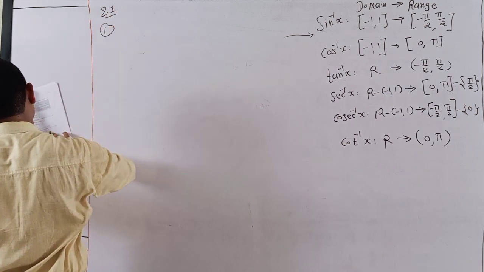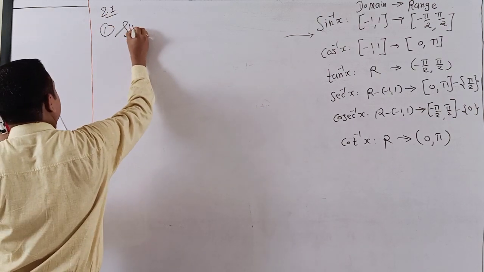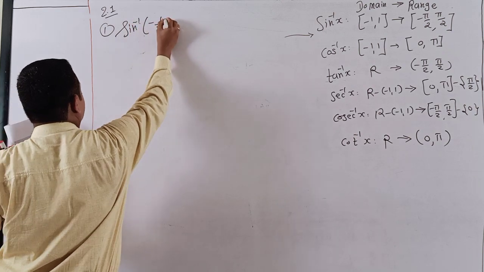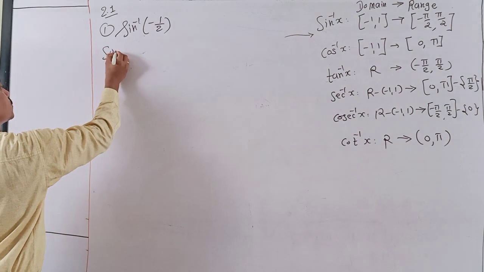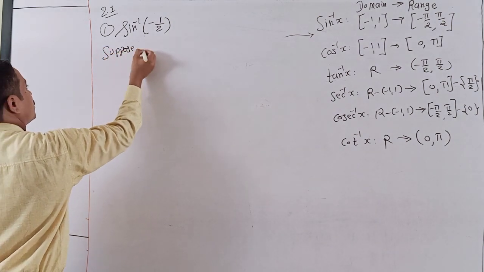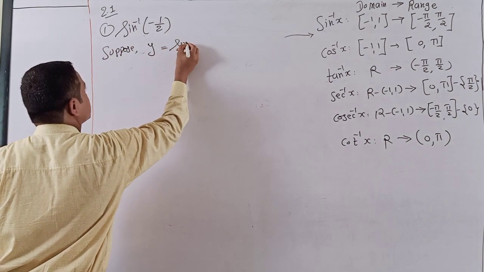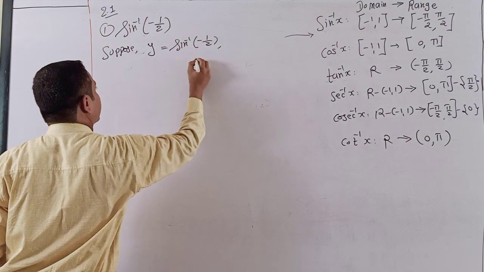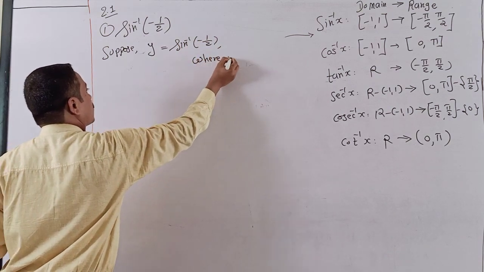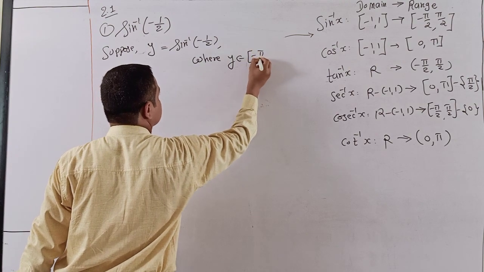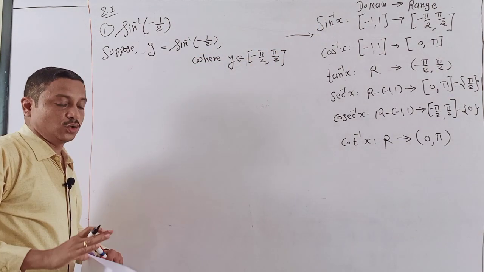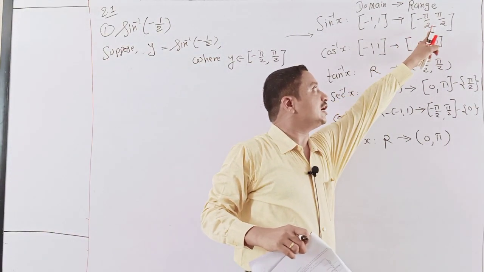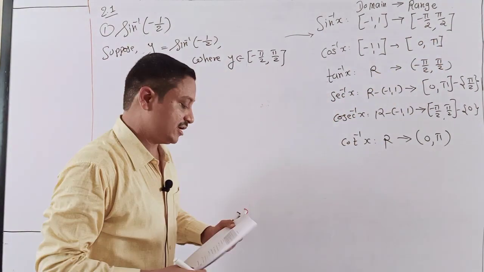Find the value of sine inverse of minus half. Same as before, students. Suppose your question is equal to y, where y belongs to its range. What is the range of the sine inverse function? Close bracket minus 90 to 90 definitely.